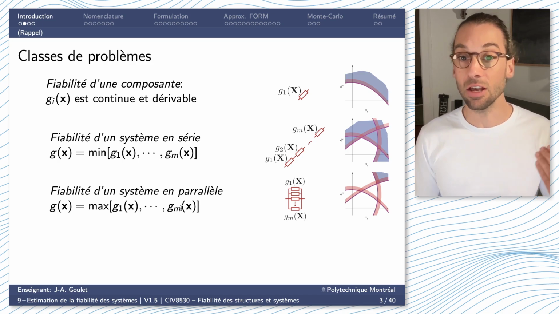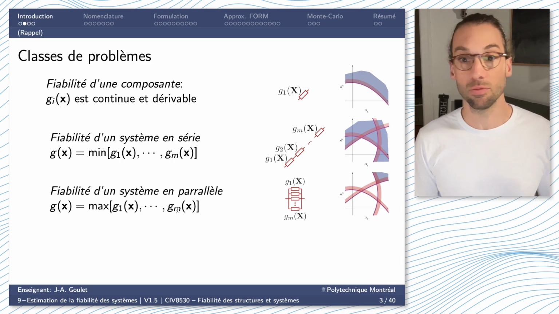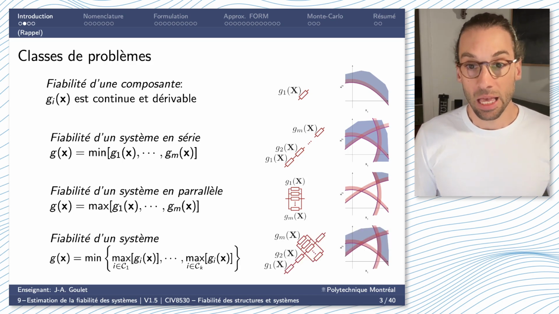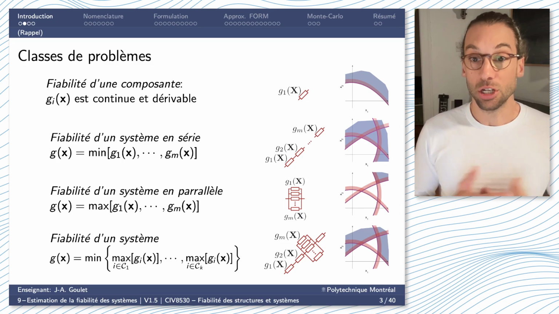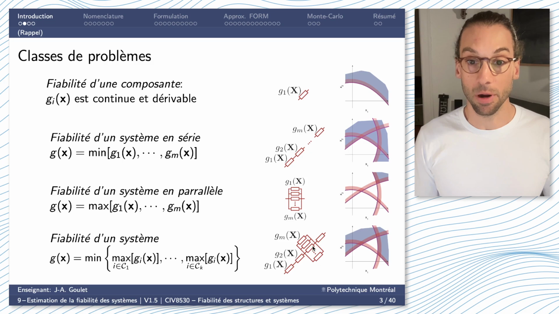If any of those is greater than 0, even if all the others are negative, I'm still at a survival of my system. And then in practice, we can have a combination of both. We can have some of my components in parallel, and some of them in series. So we have a mix and match of different components.